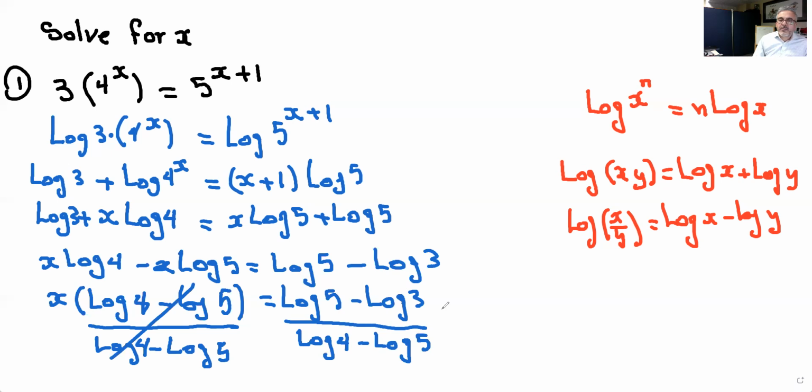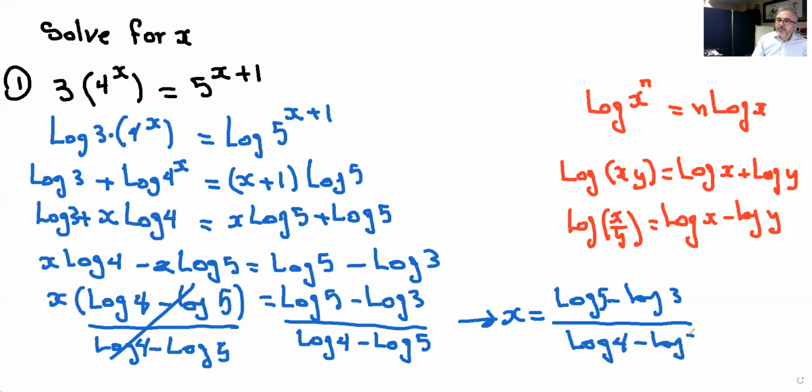That cancels, and therefore x equals log 5 minus log 3 over log 4 minus log 5.